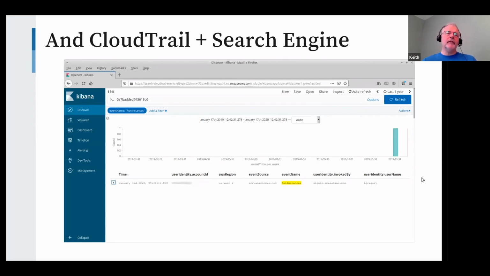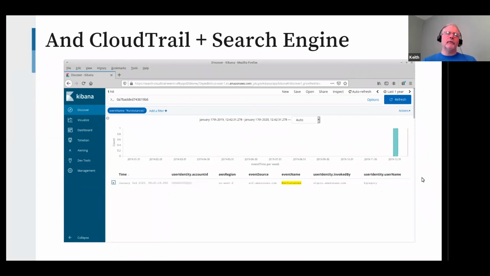So I find it really useful, and I wrote a blog post on this for Chariot, to take the output of CloudTrail and dump it into Elasticsearch, and then you can use Kibana to explore that data. So this is an example of someone who started up an EC2 instance and didn't tag it, and let's find out who it is.